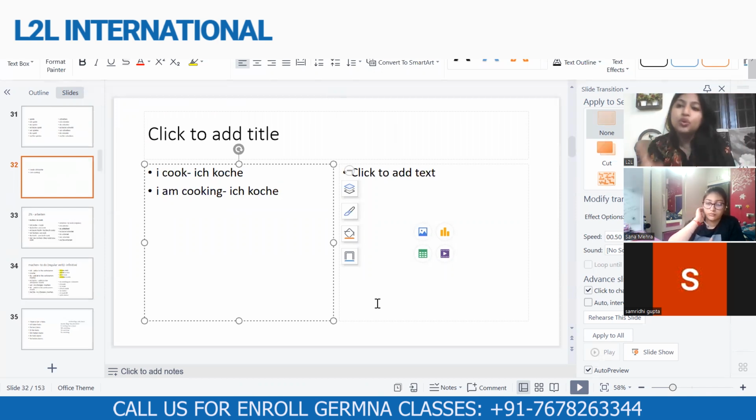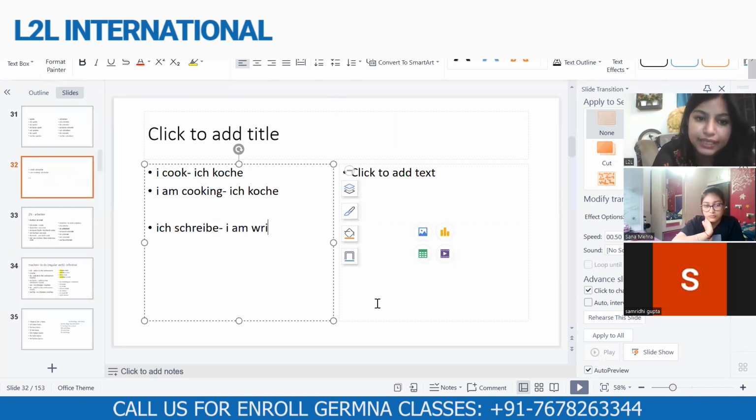There is no present continuous tense in German. If you are writing, ich schreibe, it can mean both: either I am writing or I write. So there is only one present tense in German, the simple present, no continuous.